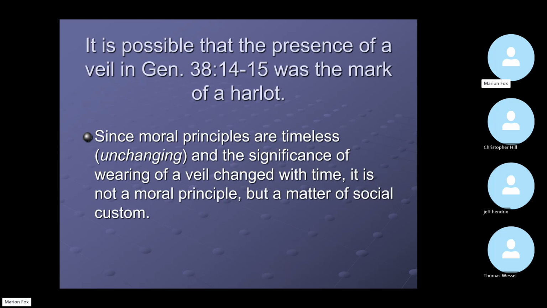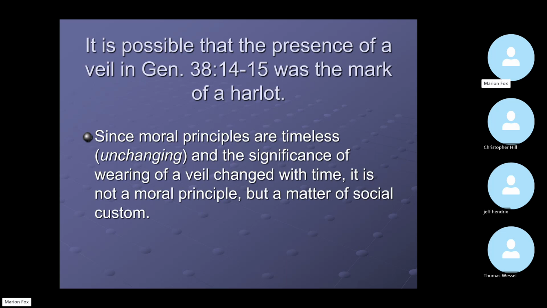Since moral principles are timeless, unchanging, and the significance of wearing of a veil changed with time, it's not a moral principle, but a matter of social custom. We see that Sarah didn't wear a veil because they knew she was pretty, knew she was beautiful. Same thing with Rachel, and the same thing with Rebecca. And we see this as well.